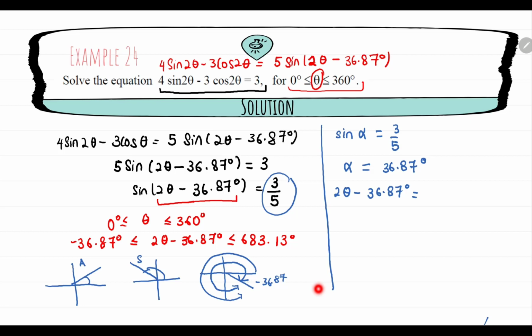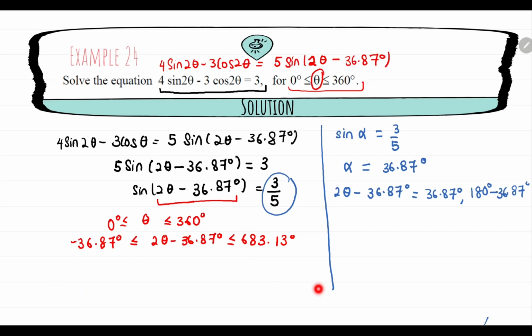For the negative 36.87, it falls on the fourth quadrant, so we do not have any answer there. We start with the first quadrant with the reference angle 36.87. So our first answer is 36.87, followed by the next angle in the second quadrant, which is 180 minus 36.87 degrees.